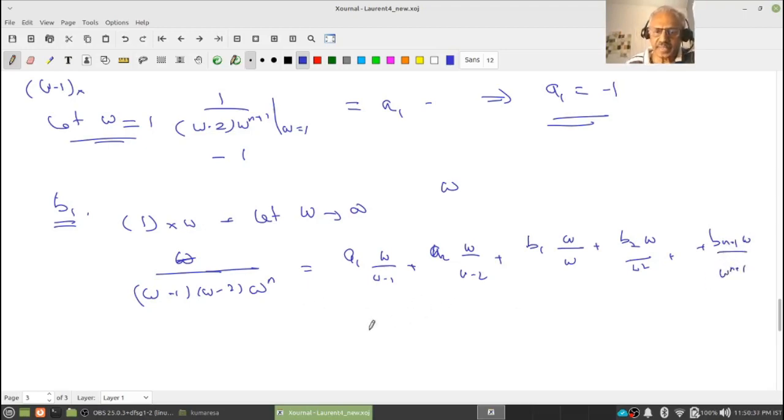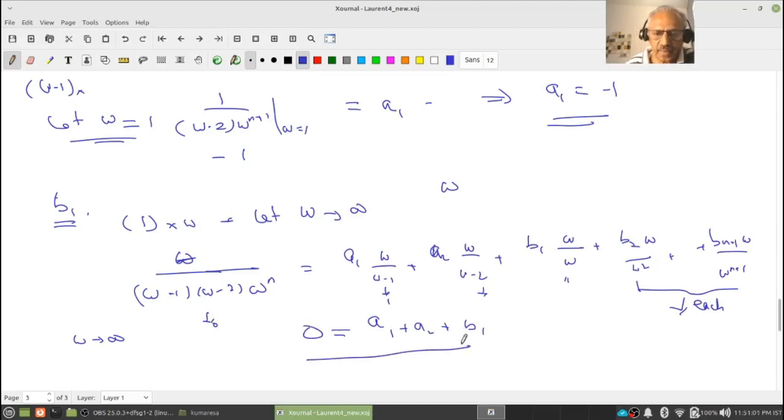Therefore, when I let w go to infinity here, this goes to 1. This goes to 1. This is equal to 1. Therefore, I get a1 plus a2 plus b1. All other fellows will go to 0. Each one of them goes to 0. And this also goes to 0. Therefore, I get a1 plus a2 plus b1 equal to 0.